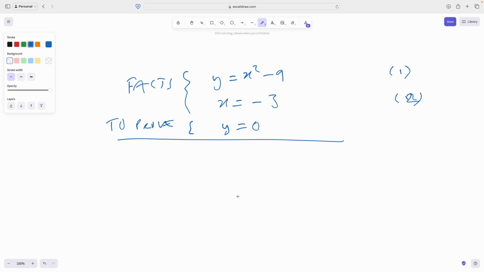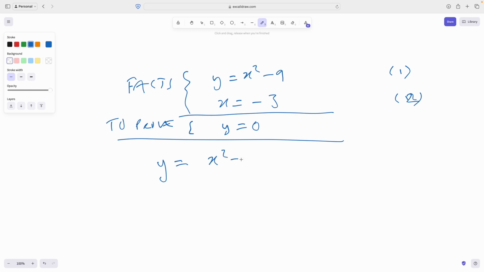So in the main body of the proof, it's usually a good strategy to start with the thing we want to prove something about. So y equals, well, what does it equal? We can't say y is 0 because that's what we have to prove. That's cheating. We've been given a fact about y. We're told that it's x squared minus 9.